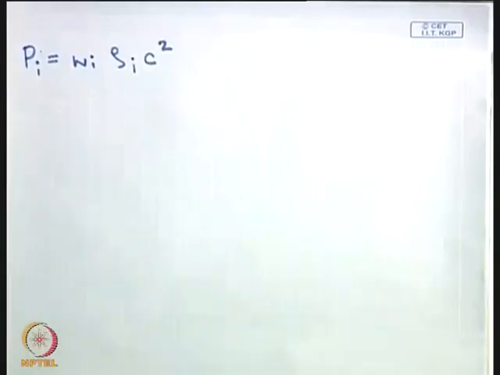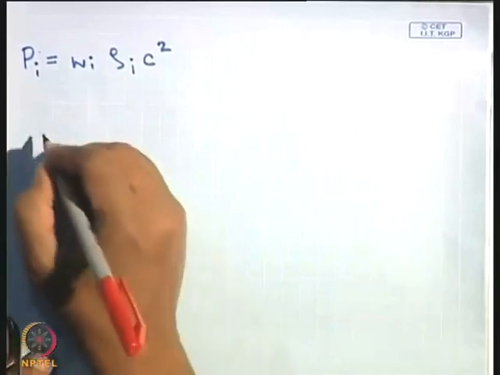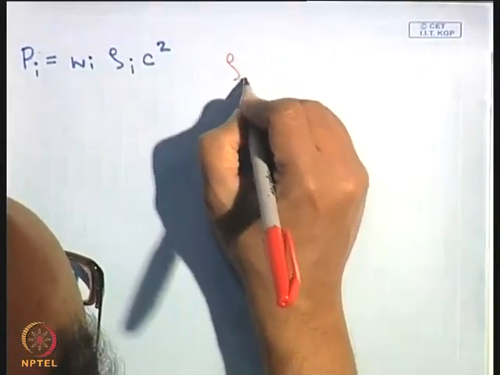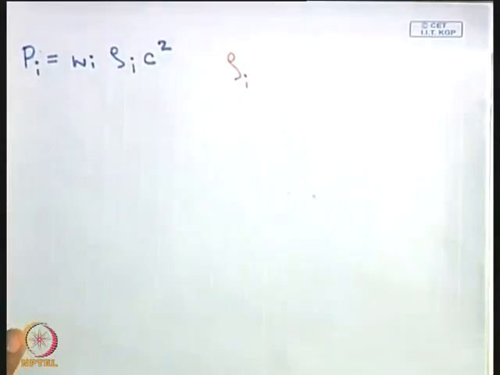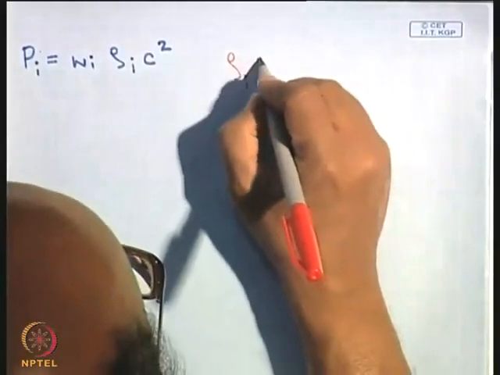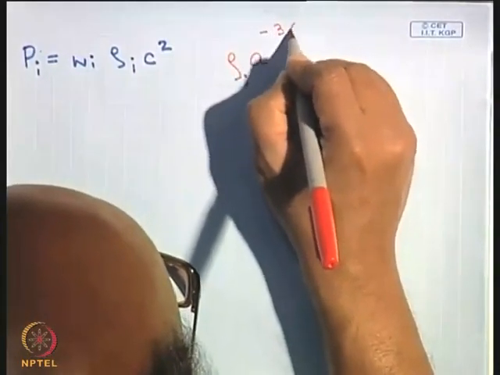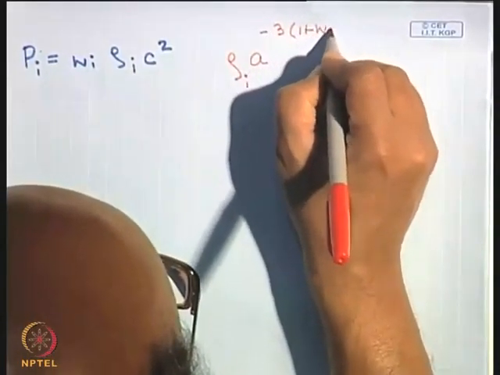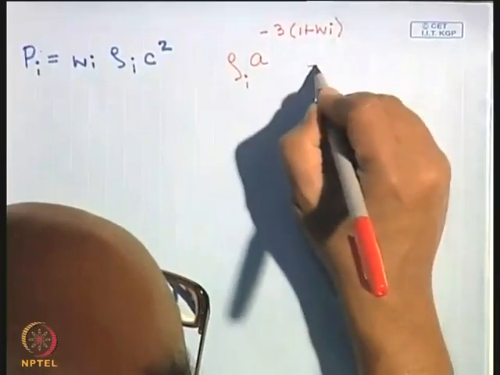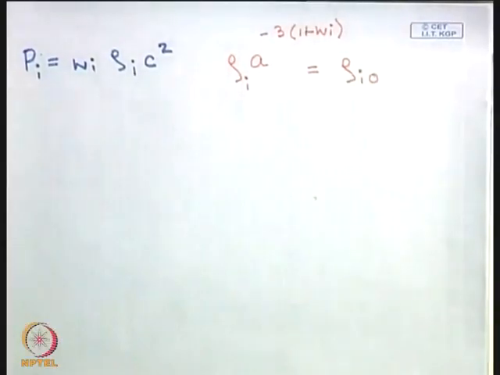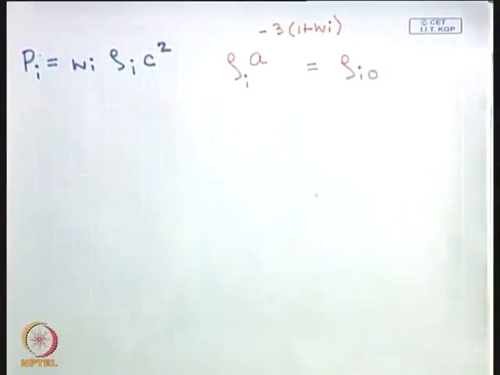That is the thing that we worked out in the last class, and we found that with the expansion of the universe, for the ith component, the density evolves as rho_i a to the power 3(1 plus w_i) is equal to rho_i0 into a_0 to the same power.